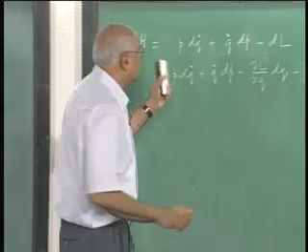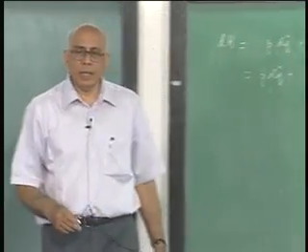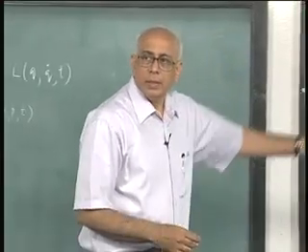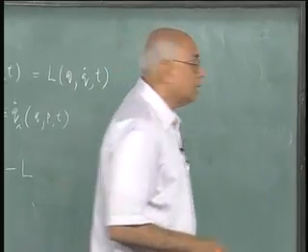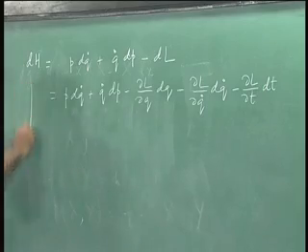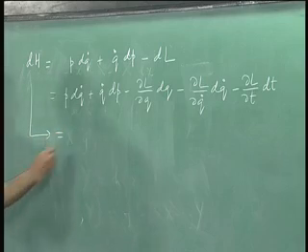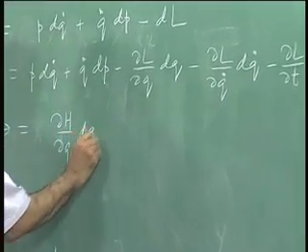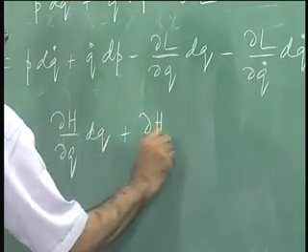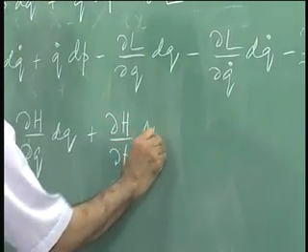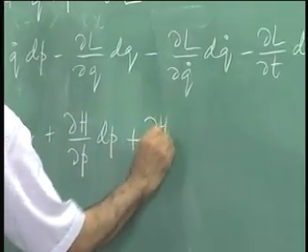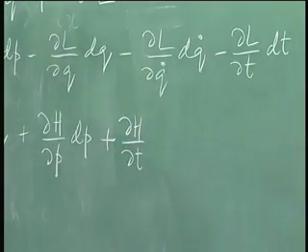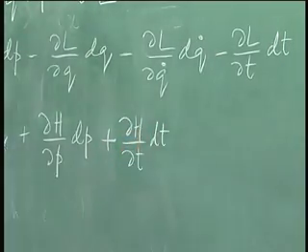I just take the differential on the right hand side, L being a function of q, q dot and t, you can write dL in that form. On the other hand, dH itself should be writable as ∂H/∂q dq plus ∂H/∂p dp plus ∂H/∂t times dt.